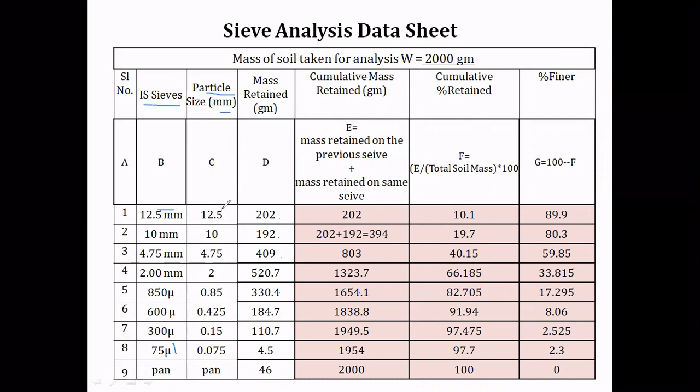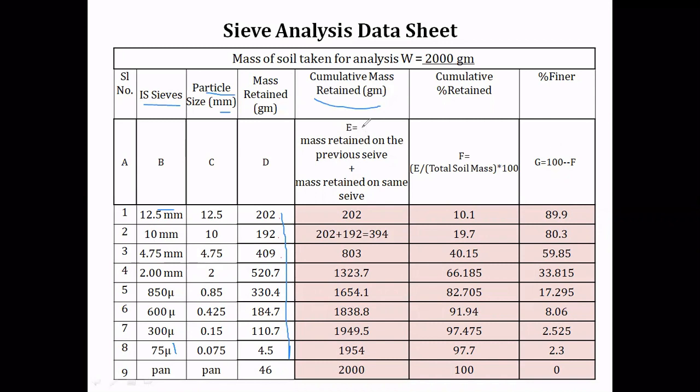So it is 12.5 to again 75 micron, that is 0.075 mm. We have measured the mass retained on each sieve. Then we have to calculate from column number E the remaining part of this sieve analysis.